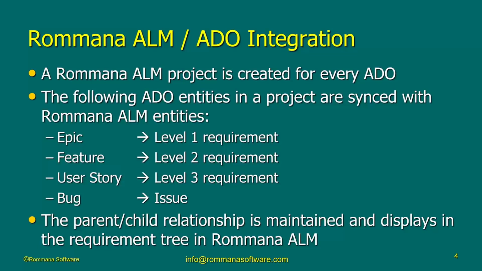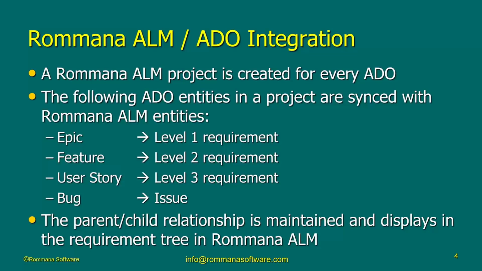So here is how the synchronization happens. Epics, features, user stories, and bugs are synchronized when they come to Rommana ALM. Rommana ALM does not have those separate entities, the epics, features, and user stories, but everything in Rommana ALM is a user story. However, user stories are maintained in a hierarchy, in a tree, if you will.